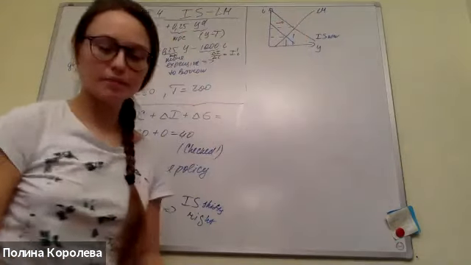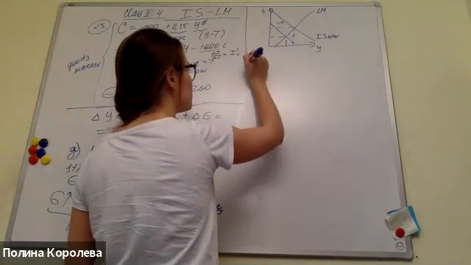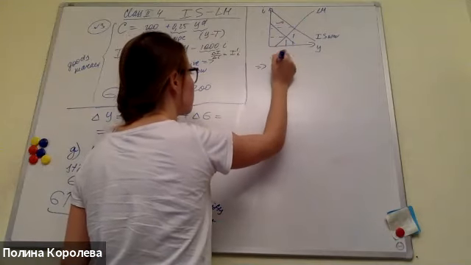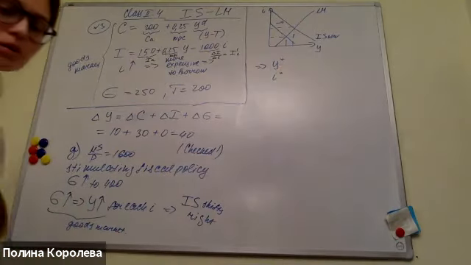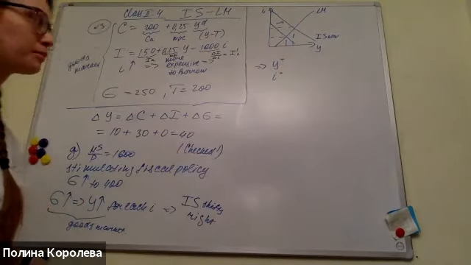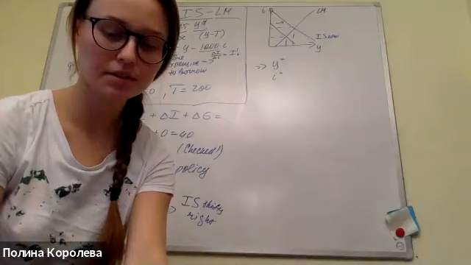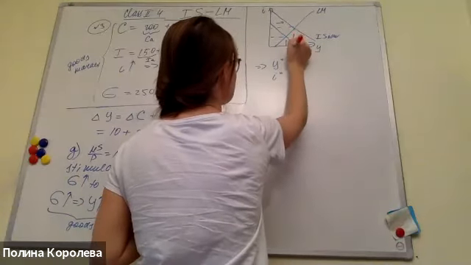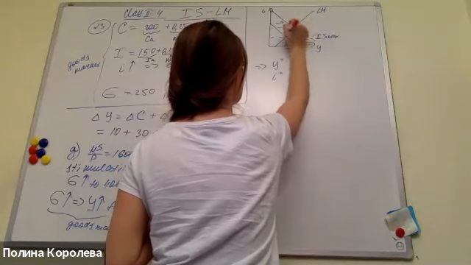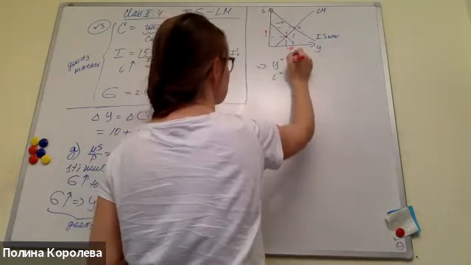And what can we say about equilibrium GDP and equilibrium interest rate when we're talking about fiscal policy? They should increase, yes. We see that GDP increases. We move from this equilibrium to this equilibrium, and the interest rate also increases.